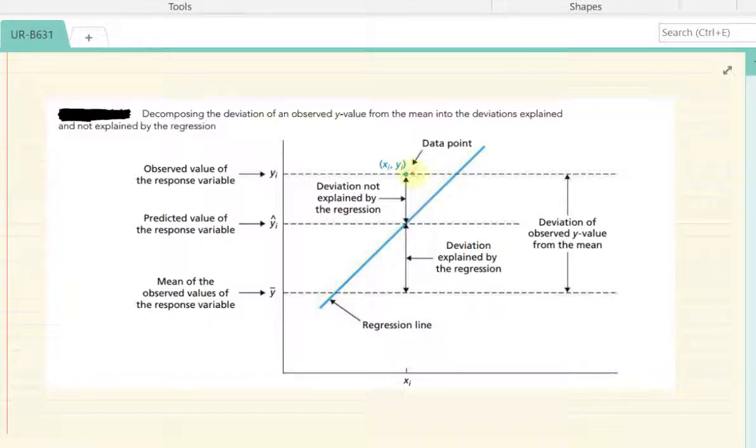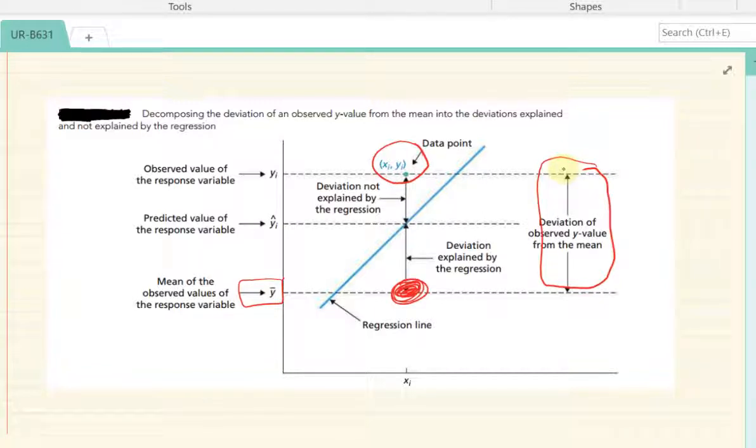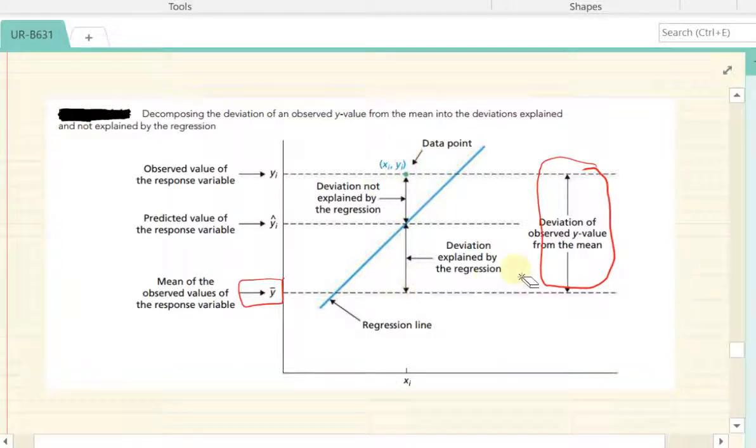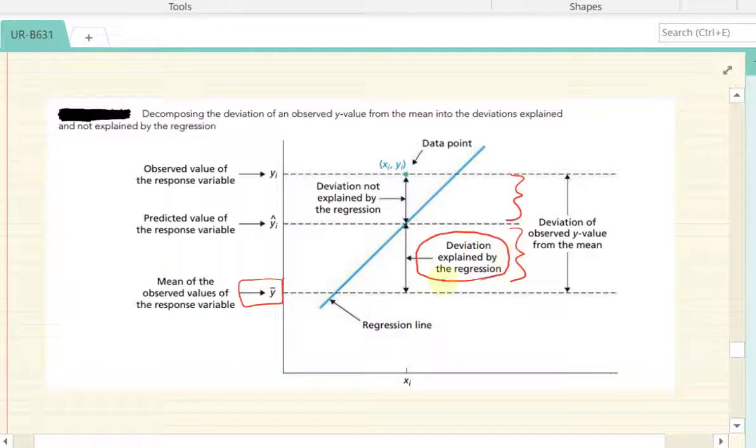So this is the observed value, and here's the mean, and that's the mean right in here. So if you look at this distance, see, that's the deviation of observed value from the mean. Now, that deviation is going to be partitioned into two parts. Okay, so it's going to be made up of this part and this other part. This part, deviation explained by the regression.